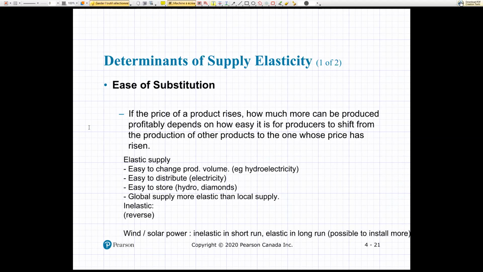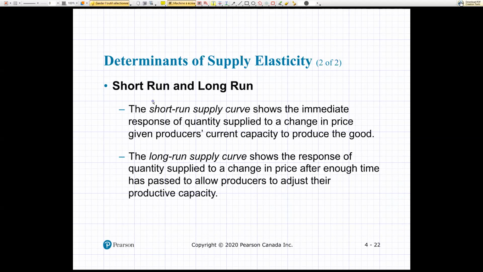And this goes into my next point: short run. Supply curves are immediate responders, not too elastic, they're inelastic, because it's not super easy for firms to change their production volume. But in the long run, yes, it's easy for them to expand production, for instance.